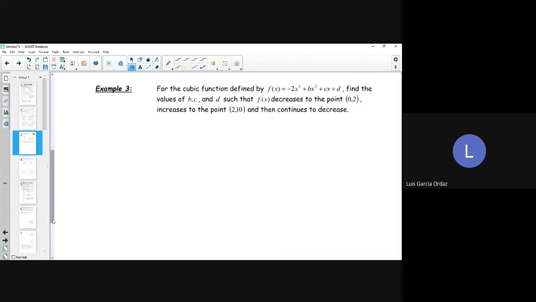So we're going to have multiple equations. We know that f at 0 is equal to 2. So now I can use my regular function, negative 2x cubed plus bx squared plus cx plus d, to find out what my d value is going to be.